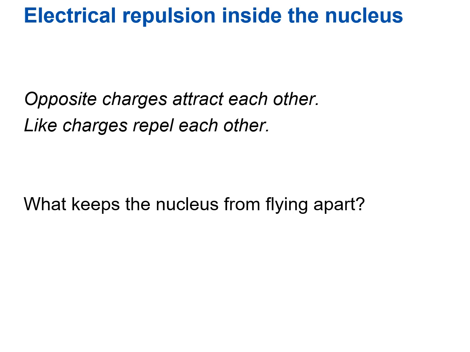Inside the nucleus, you have many positively charged particles, known as protons, all bunched together. But like charges repel each other. Those protons should all be flying apart. The nucleus of every atom should be flying apart. If there were only electrical forces going on, there would just be that electrical repulsion. So what keeps the nucleus from flying apart?